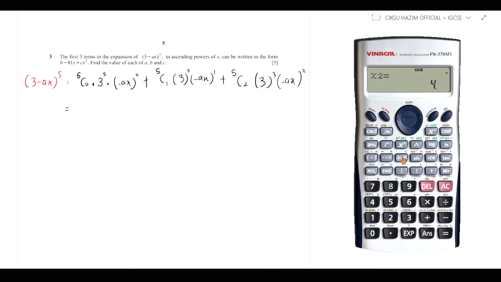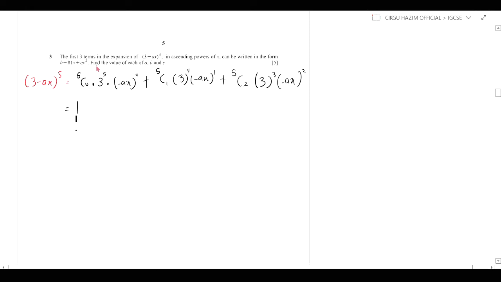You can press everything on the calculator, but make sure you press it carefully. 5C0: to press C, it is shift and then divide, you see nCr. 5C0 gives 1. Then multiply by 3 to the power of 5, which is 243, and negative ax to the power of 0 is still 1.